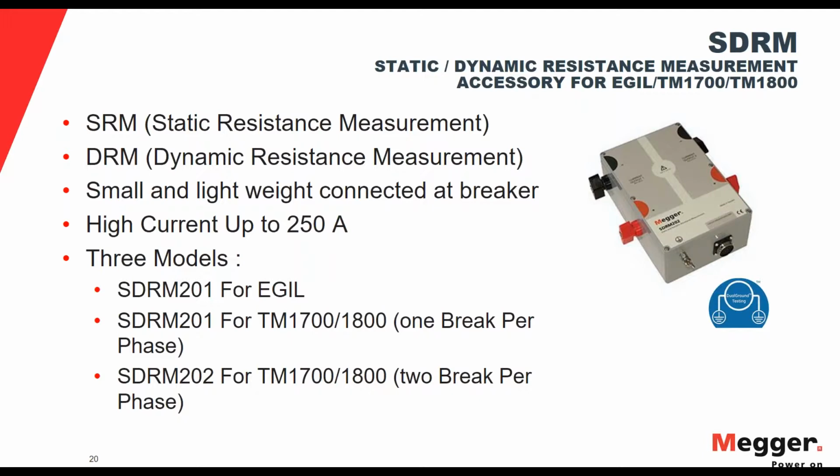These circuit breaker analyzers, you can add to them an accessory called SDRM, which stands for static and dynamic resistance measurement. And you can do both tests, the static and the dynamic resistance, with this small box. It uses a capacitor-based technique to make it very, very small, and can give you current up to 250 ampere for a short period of time, which is what you really need to do these tests.